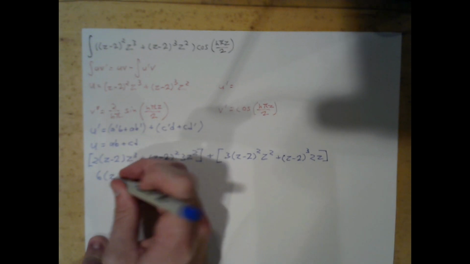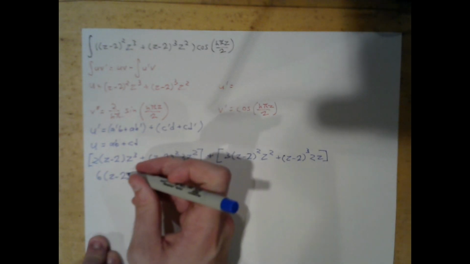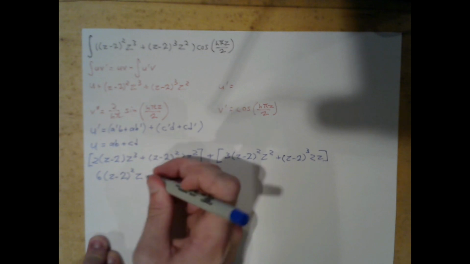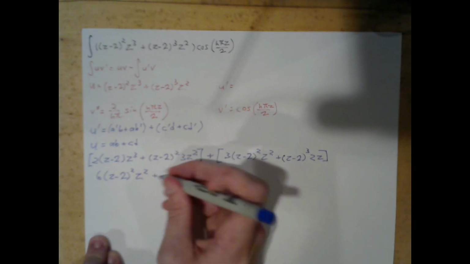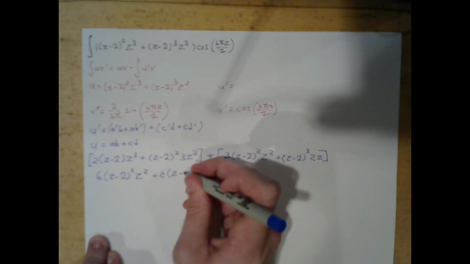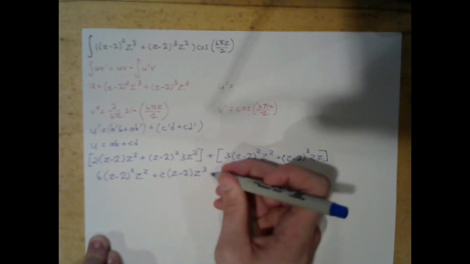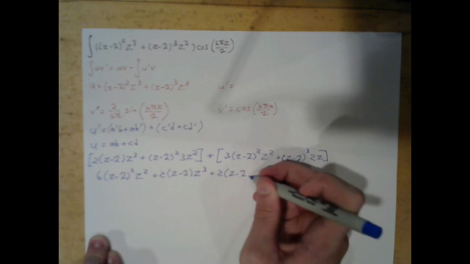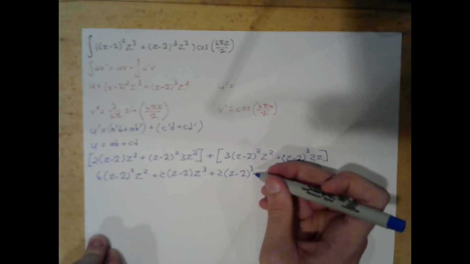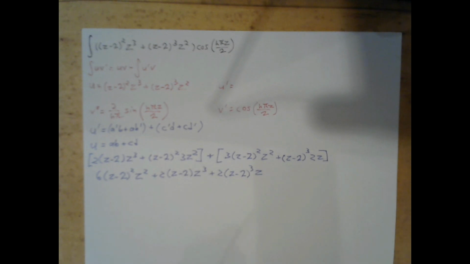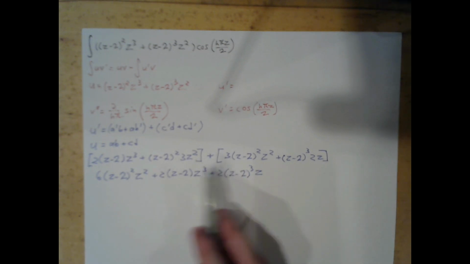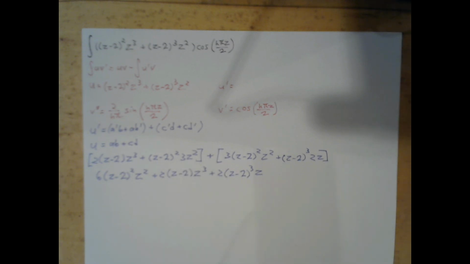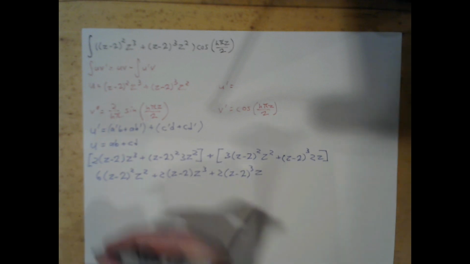We're going to get 6z minus 2 squared, z squared plus 2z minus 2, z cubed plus 2z minus 2 cubed. Nice how it's always z minus 2z. Okay, so we simplified that. Again, we combined the two terms with 3 in the innermost. So now we're going to wind up with our final integral here.